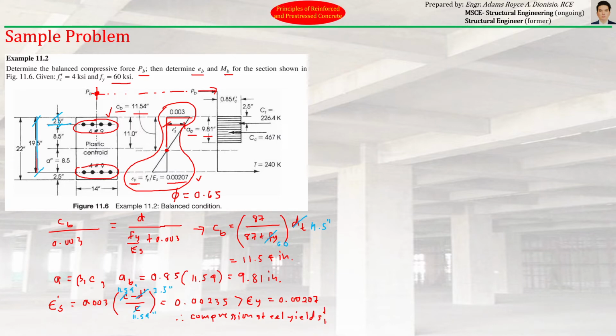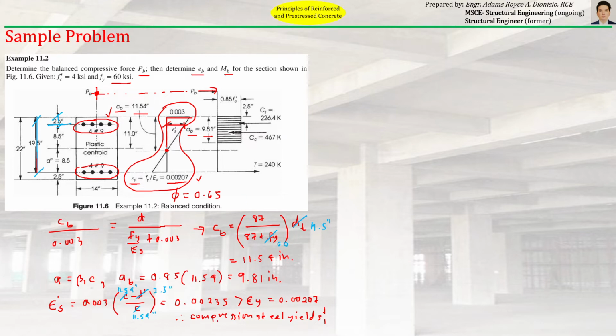So, ano bang importance nun? Bakit ba natin inaalam kung compression steel yields or not? Kasi kailangan nating malaman yun to know kung ano yung gagamitin natin na fs prime, or yung stress acting on the compression steel. Kasi kung yung fs prime ay less than fy, we have to find that exact value. Kung greater than fy naman yung fs prime, we can just simply use fy.